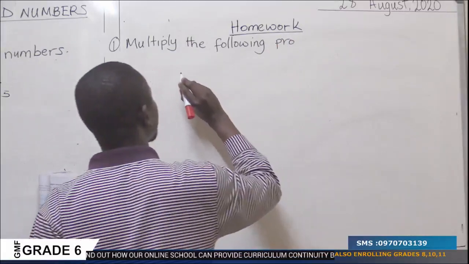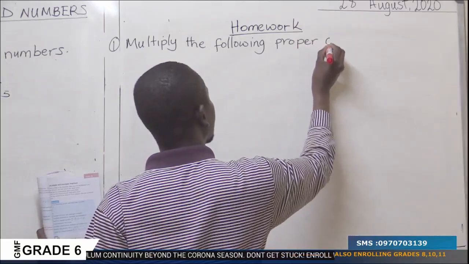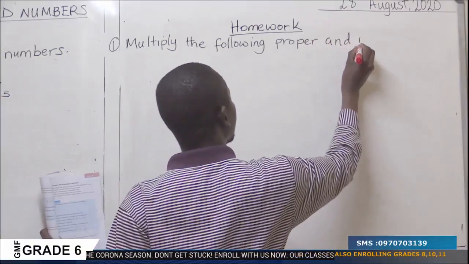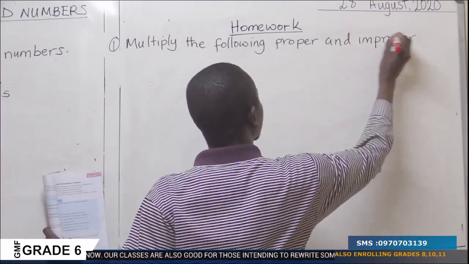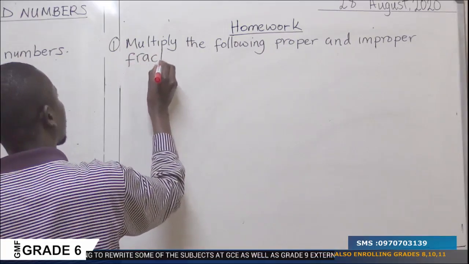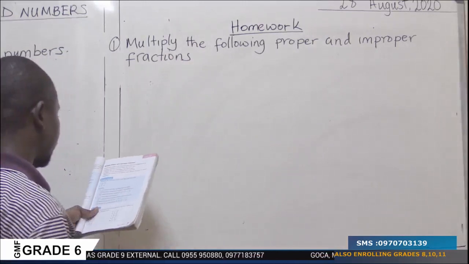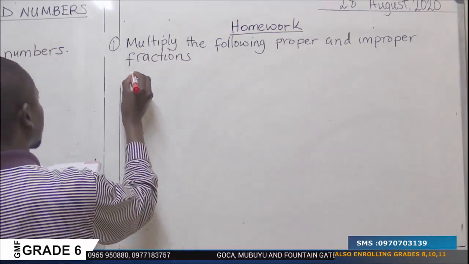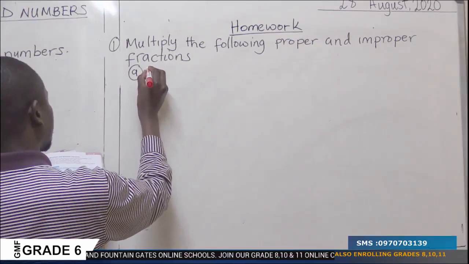So the question says, multiply the following proper and improper fractions. Here I'll give you 3 questions.